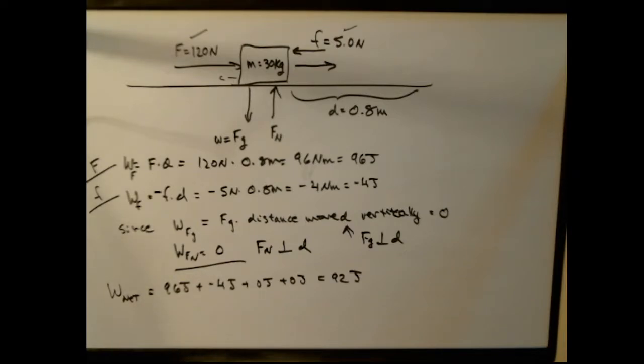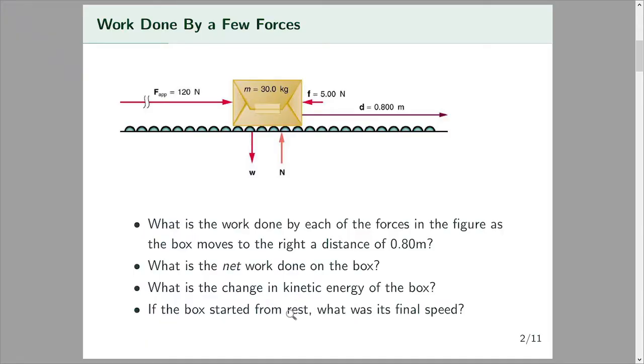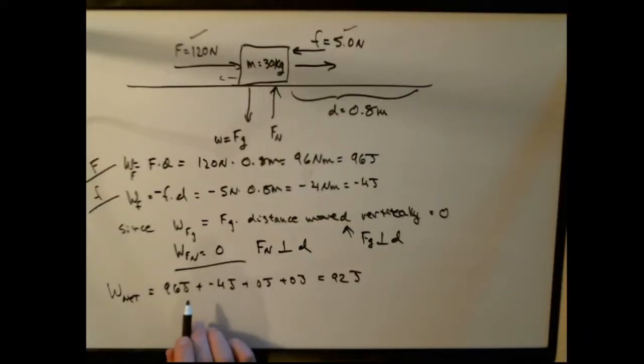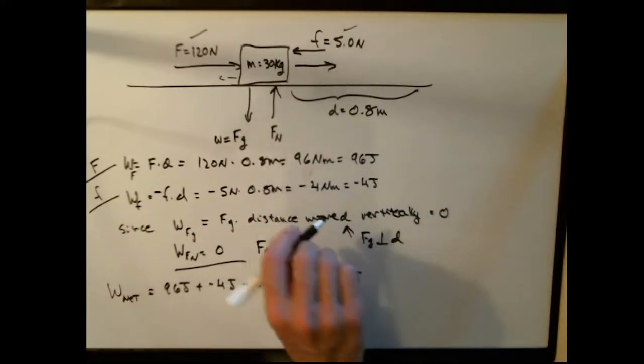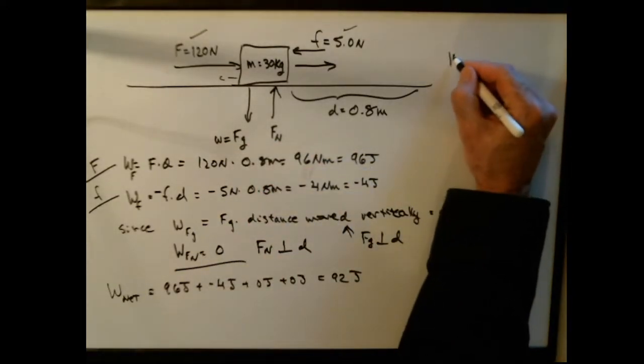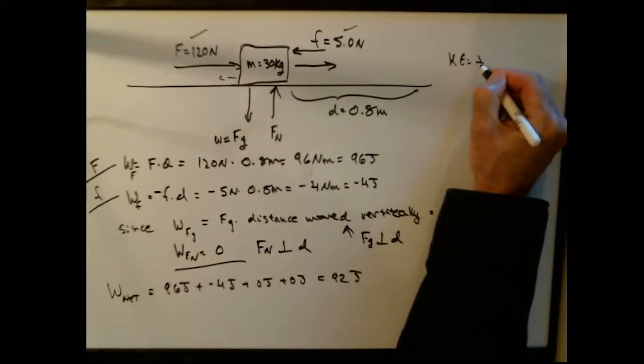If you go back and look, the subsequent question is, what's the change in kinetic energy of the box? We've already said in previous discussions, as the box moves, it accelerates, it speeds up. Remember, kinetic energy is 1/2 mv squared.